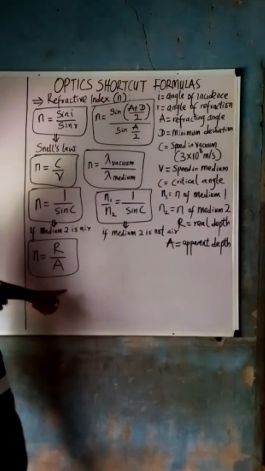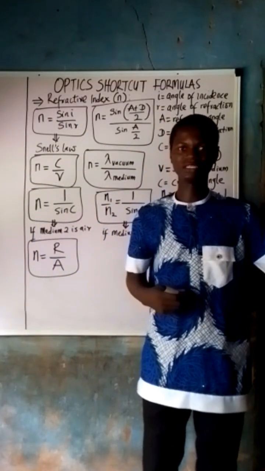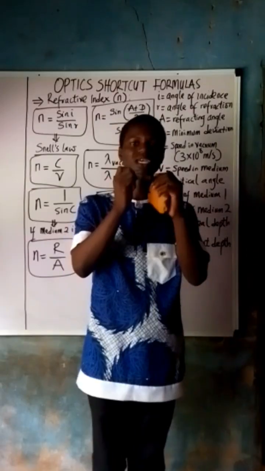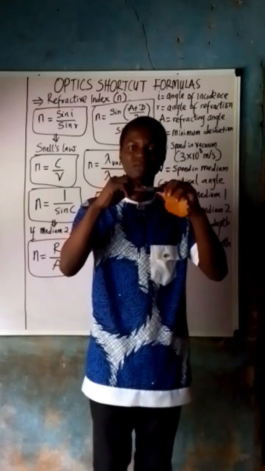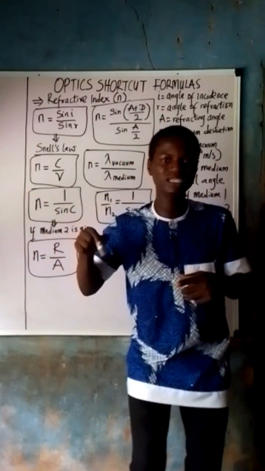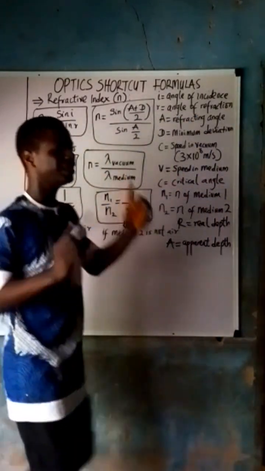Now sometimes for this very case, they might not give you the apparent depth directly. They might tell you that the object was displaced from the real depth to another depth by a certain value. So in this case, you are given displacement, not apparent depth. Listen and listen good.